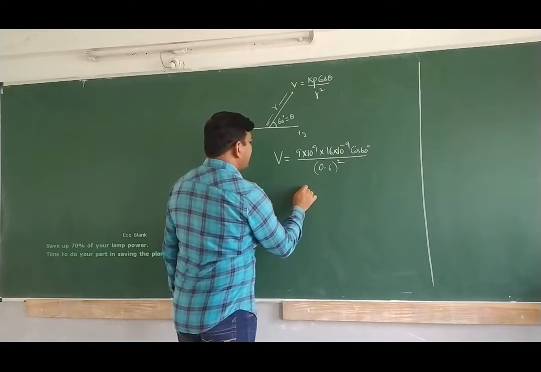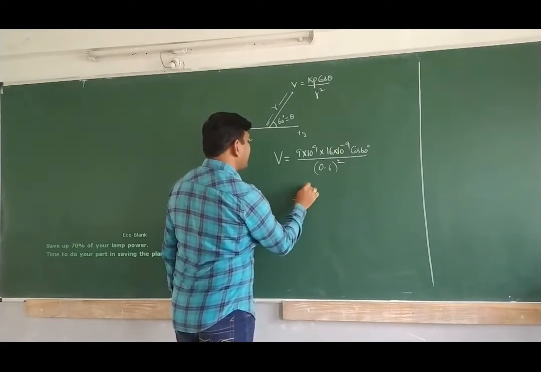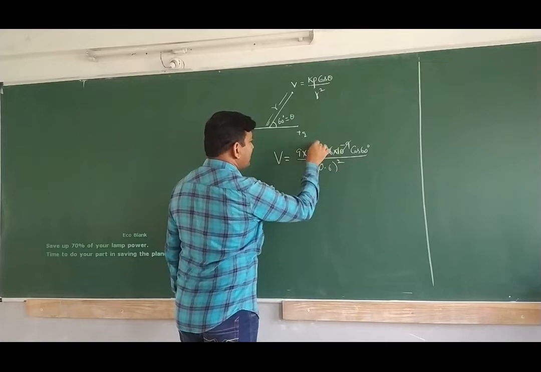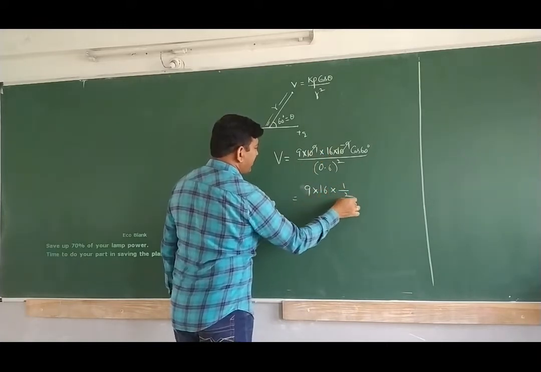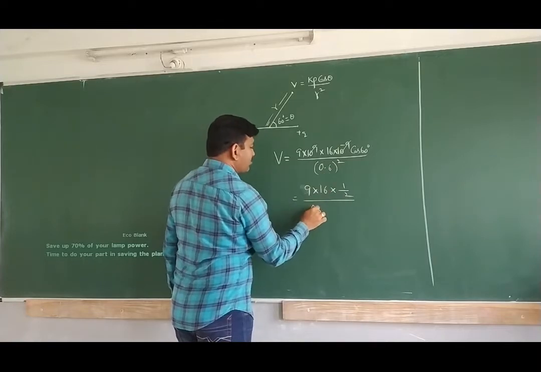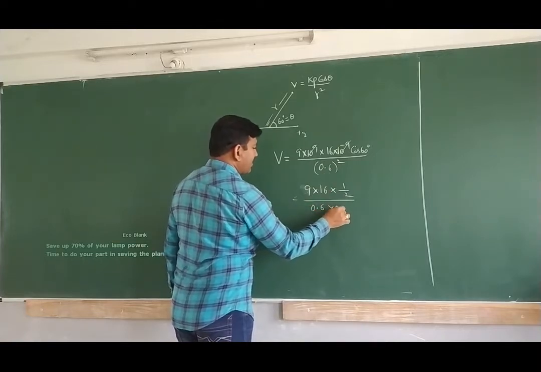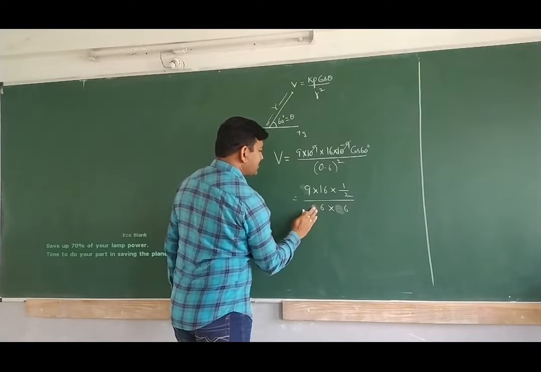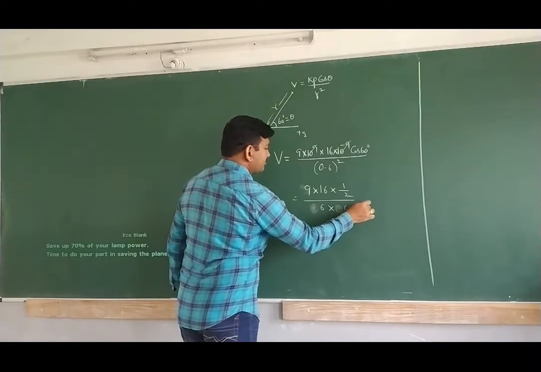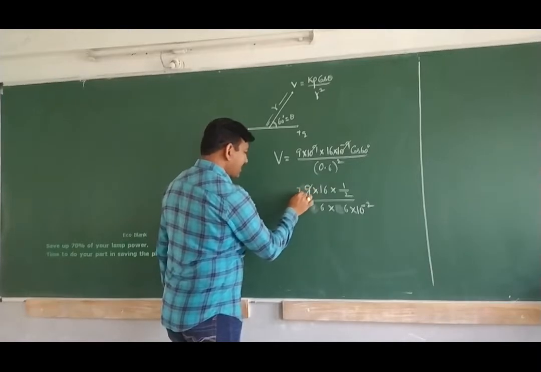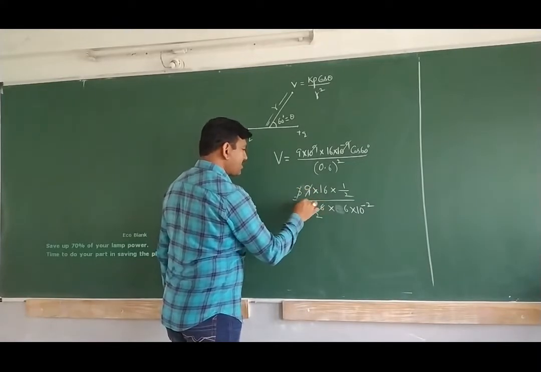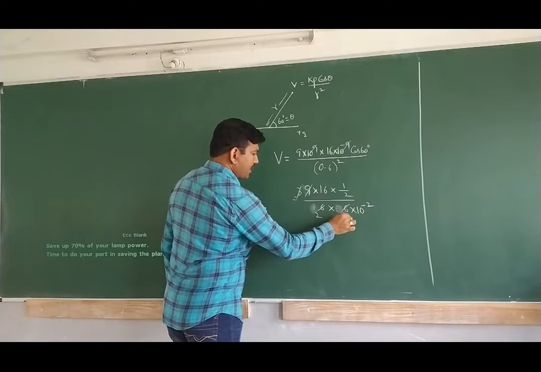9 is written as 3 into 3, otherwise leave it 9 into this, and this will go off, 16 into 1 by 2 divided by 0.6 into 0.6. Otherwise I will write it as 6 into 6 into 10 power minus 2. Now 3 goes here 3 times, 3 goes here 2 times.